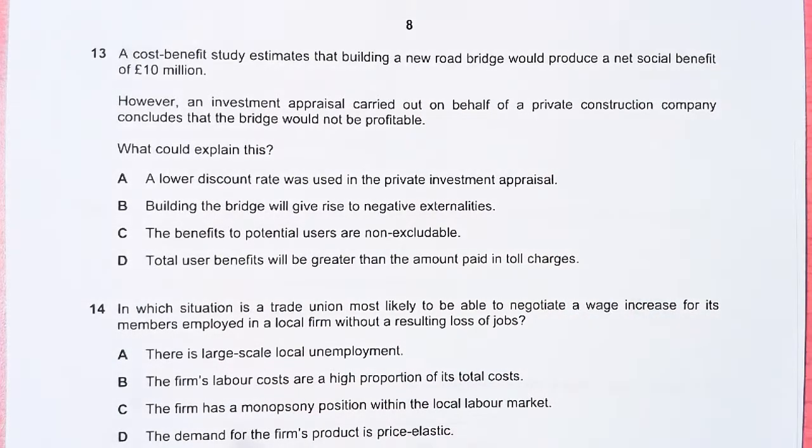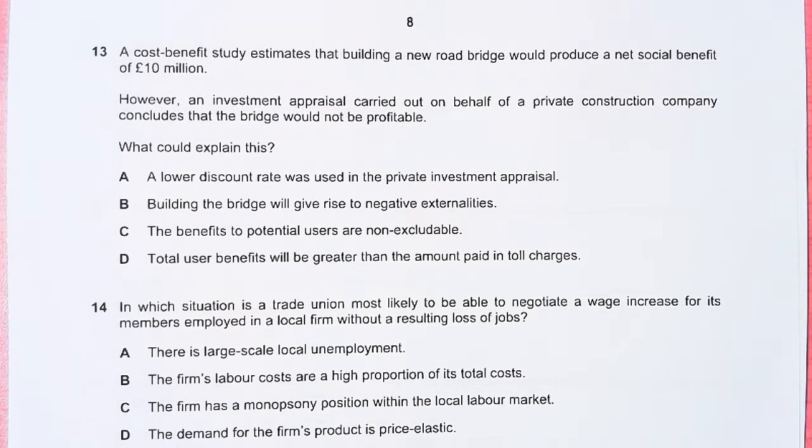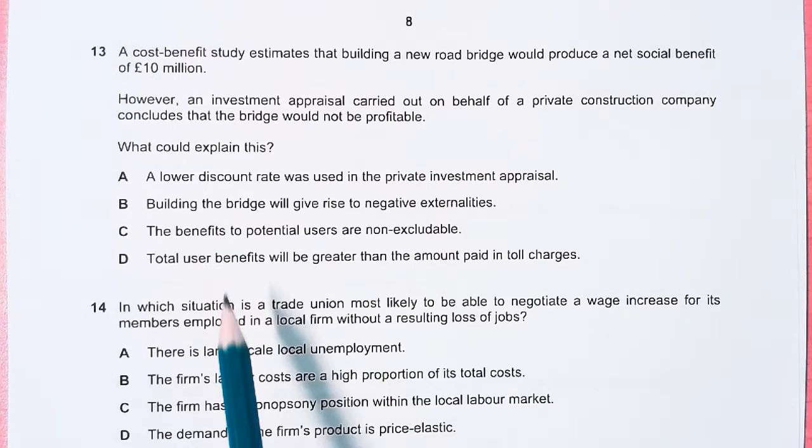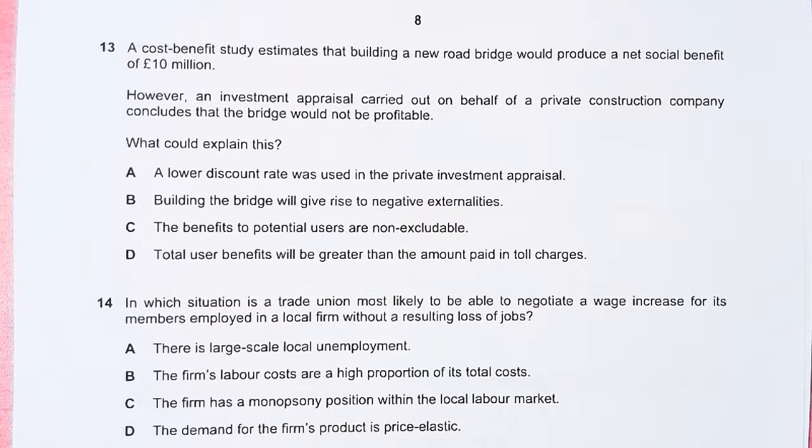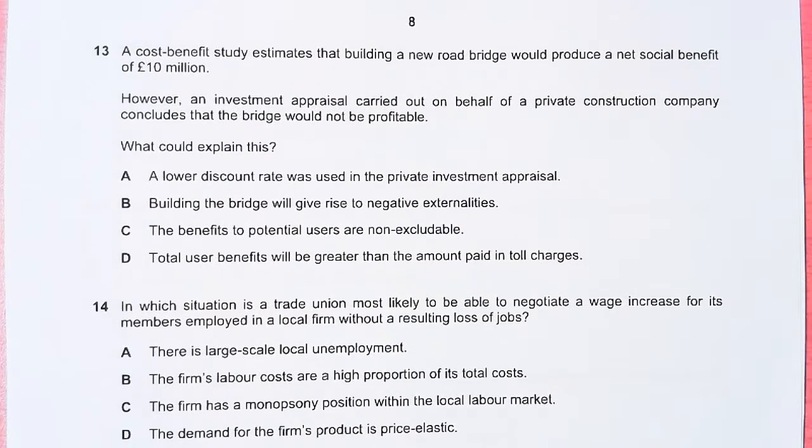Okay, so total user benefits will be greater than the amount paid in toll charges. So this seems like the most plausible answer, really. Okay, so we've got benefits which are far greater than the actual tolls that they'd be able to pay. So that is certainly the most plausible answer there.